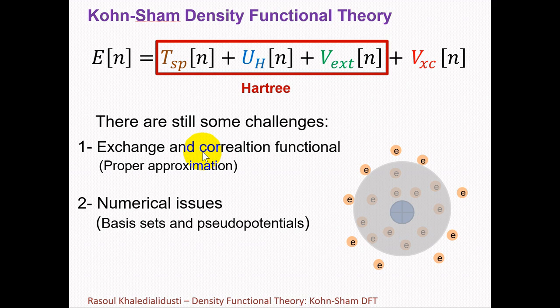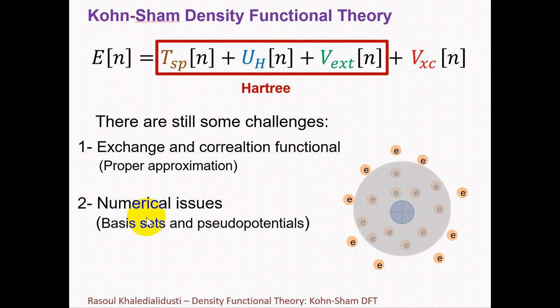The next one is associated with a few numerical issues that we have to be aware of when working with DFT. We are going to use a basis set, a set of functions, to describe these Kohn-Sham orbitals, which affects the accuracy of our calculations, and these basis sets could be plane waves or localized basis sets.